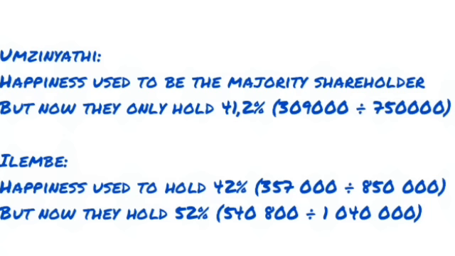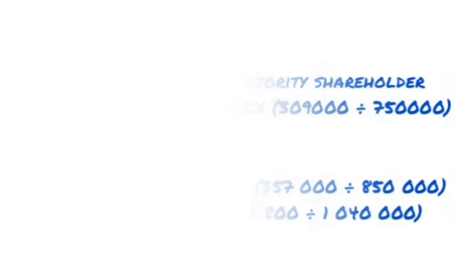But now she holds 52%, which makes her the majority shareholder. How did I get 52%? It's the amount she owns this year, which is the 540,800, divided by the number of shares in issue in Ilembe in 2024, which is 1,040,000. So that gives me 52%.